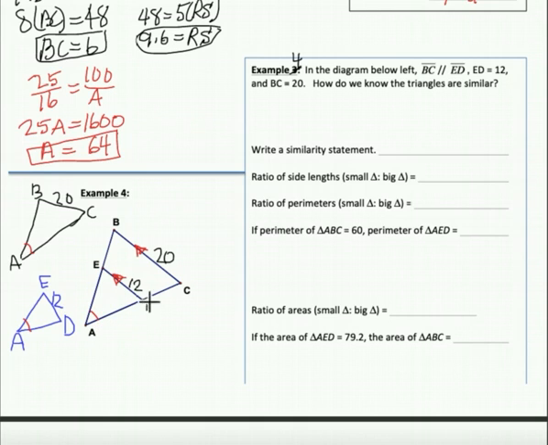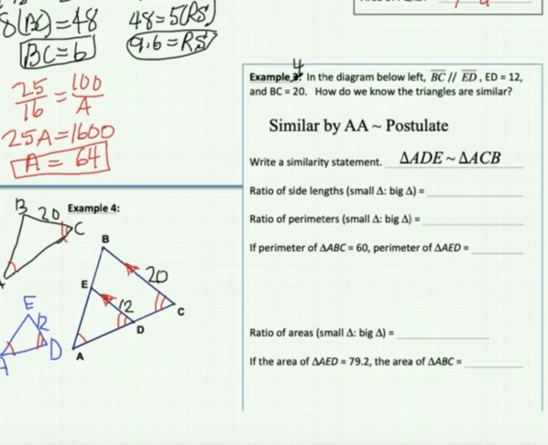And I know that since these two lines are parallel, and this line is a transversal that cuts those two parallel lines, then these two corresponding angles also have to be congruent. So angle D in triangle ADE is congruent to angle C in triangle ACB. So by the angle-angle similarity postulate, I can go ahead and say that these two triangles are similar.